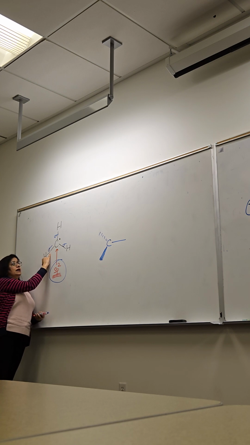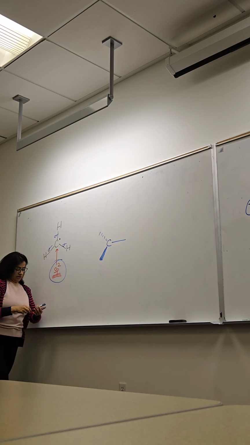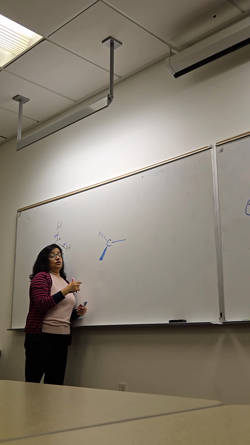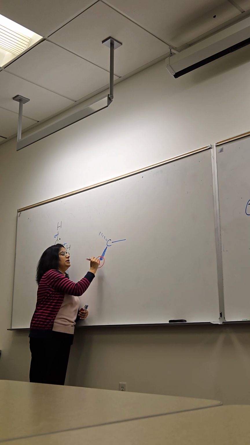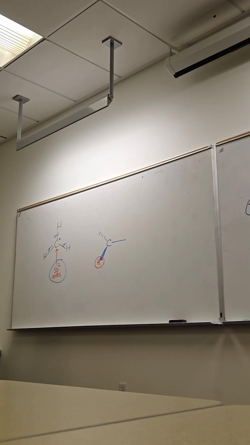The hybrid or the unhybridized p? The hybrid orbital. So, what is this hybrid orbital being used for? It is being used for making a sigma bond with the 1s of hydrogen. Isn't that right? Absolutely right?